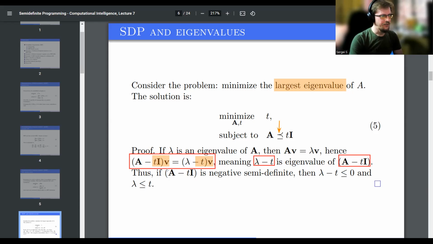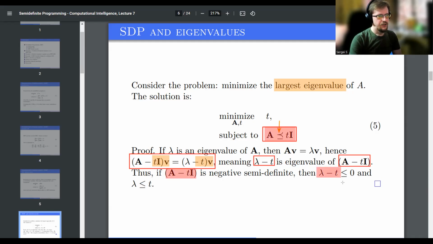Thus, what we have here is a negative semi-definite matrix: A minus Ti is negative semi-definite.